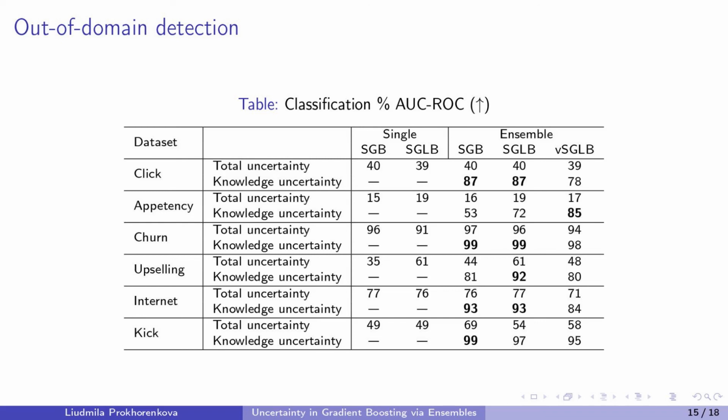Also, as expected, out-of-domain inputs are better detected with knowledge uncertainty. Finally, virtual ensembles usually perform worse compared to ensembles of independent models. However, virtual ensembles are still much better than single models while having the same time and memory complexity.